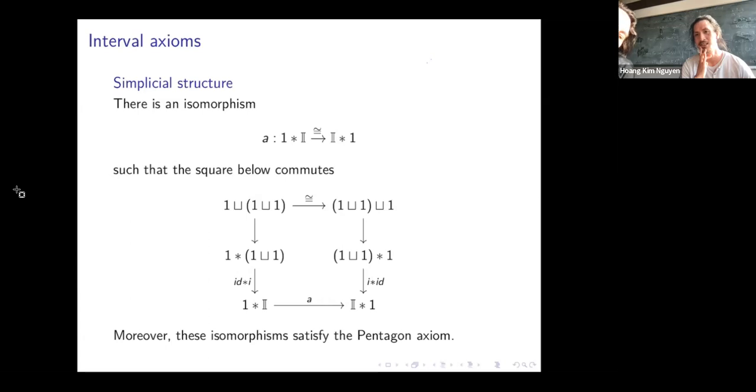But you have to recall that one of the axioms is that the interval is zero truncated. So at least if you restrict to joins of points, we are looking at maps between zero truncated objects. And so the idea is that we can stay very low in coherence problems. So you could work up to equivalence.